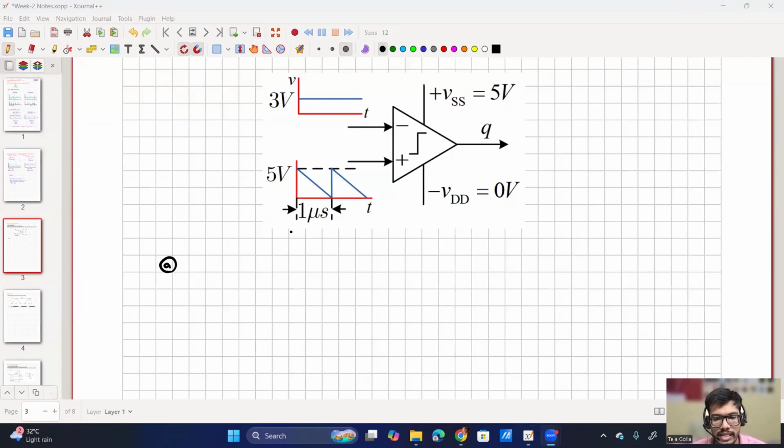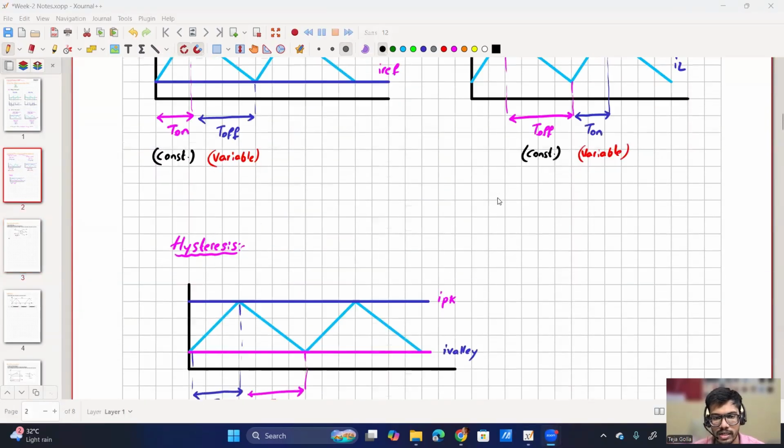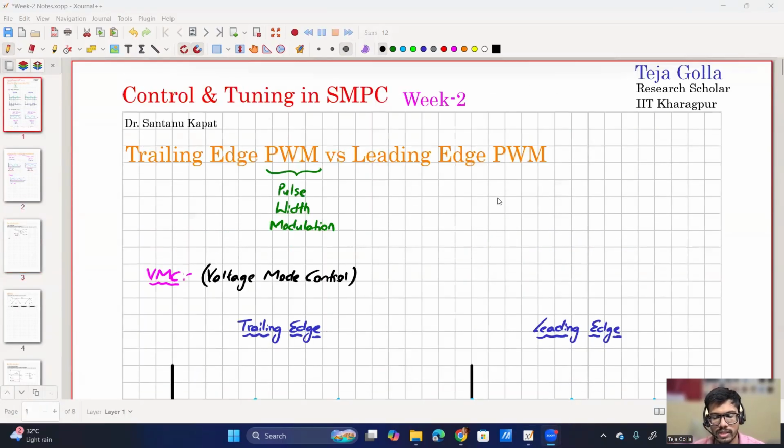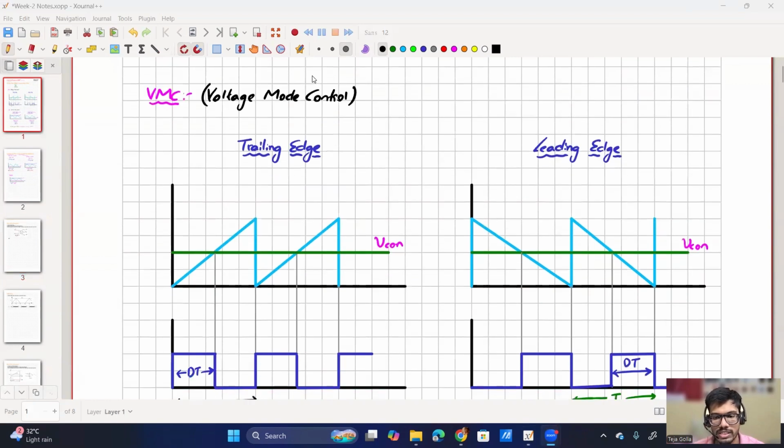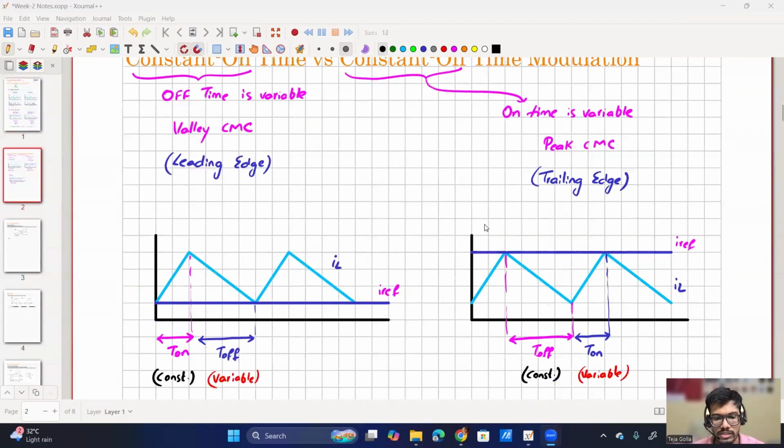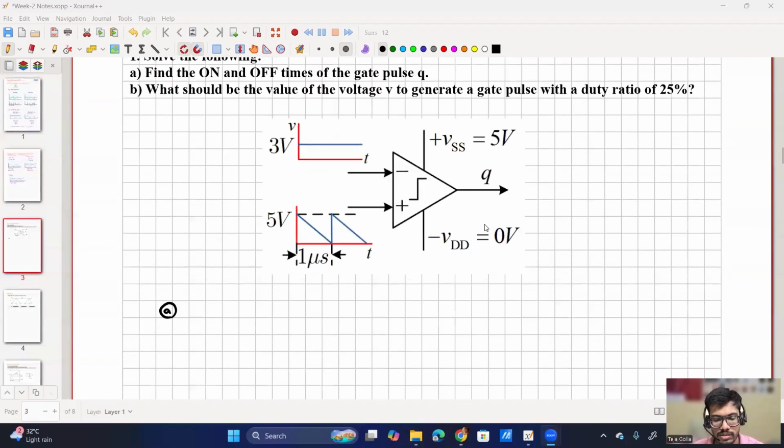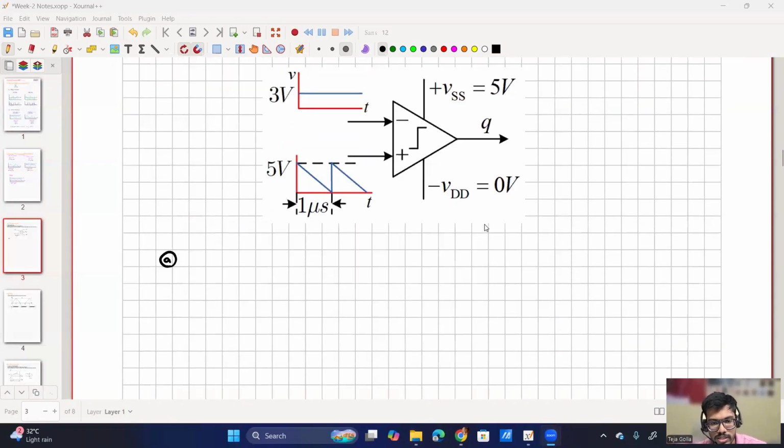Jinsi Roy is saying leading. What about others? Leading, only, right? True. This is leading because it is starting at a higher value. Purva also says leading. So leading is correct. Now let us draw the sawtooth waveform so that it will be easy to solve.